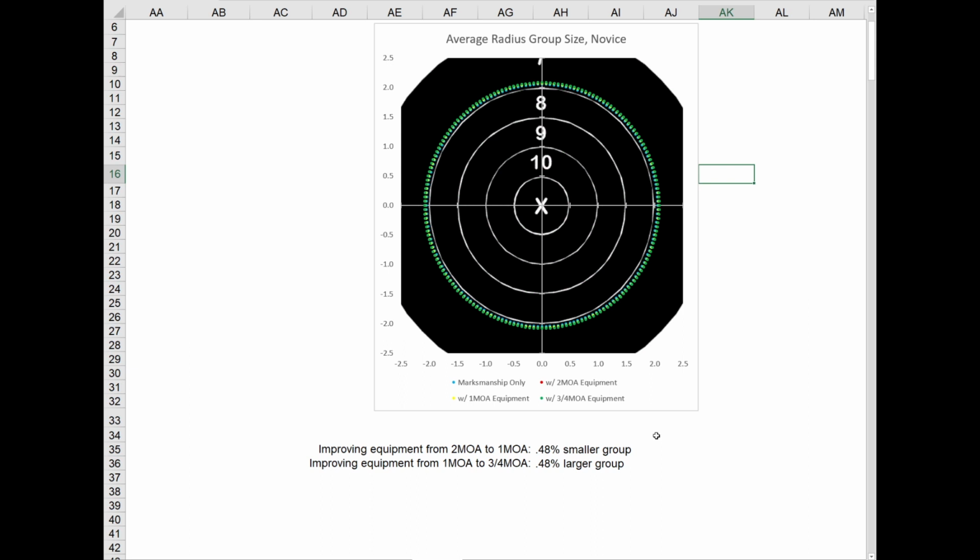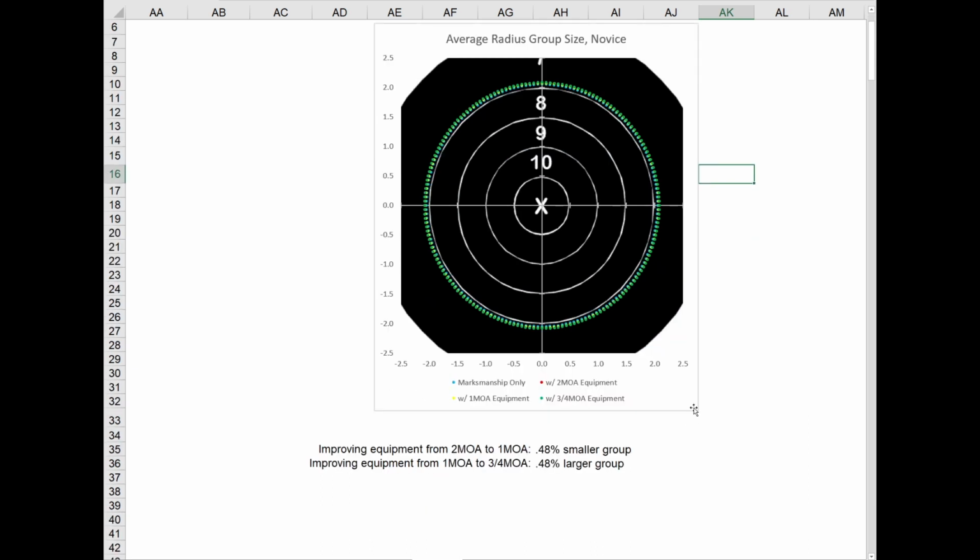One thing I looked at was if you took the group size using the 2 minute of angle equipment, and now you improve that somehow to where the equipment is 1 minute of angle, how much of an improvement in group size would that make for the novice shooter? Well, it turns out that makes the group 0.48% smaller, basically less than half a percent, which really is nothing.